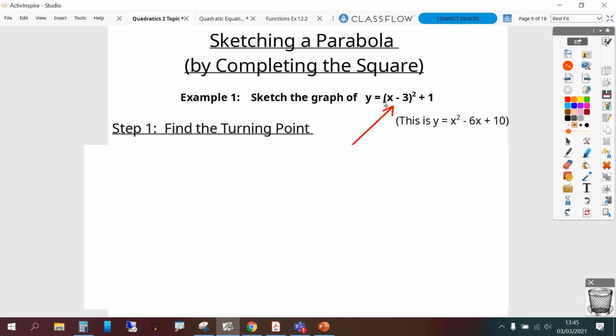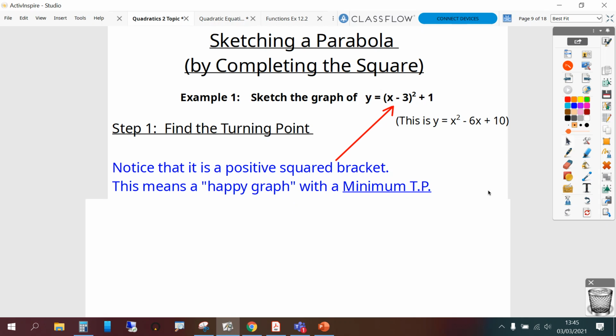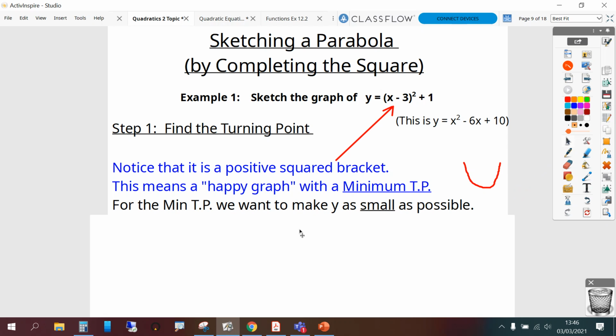So how do we find the turning point of the completed square form graph? Well, notice first of all that this squared bracket is a positive squared bracket. Therefore, we're going to have a happy graph with a minimum turning point. For the minimum turning point, we want the y value to be as small as possible.